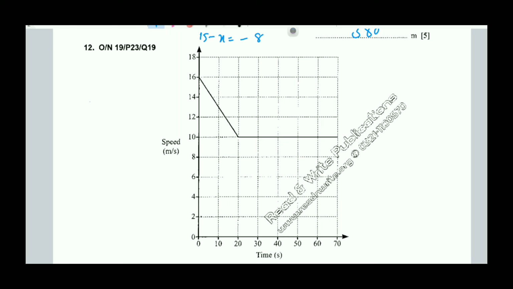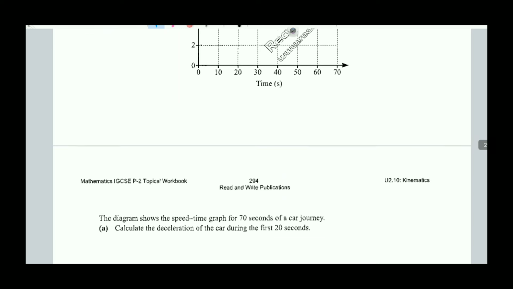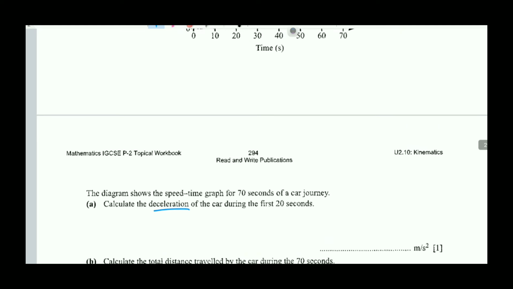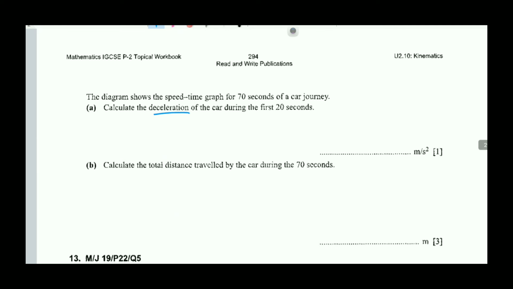Okay, next question. The diagram shows the speed time graph of 70 seconds of a car journey. Calculate deceleration of the car during the first. Okay, again deceleration means gradient, so I am not going to find that as there are too many questions to solve. So you can easily find gradient now. Calculate total distance traveled by the car.